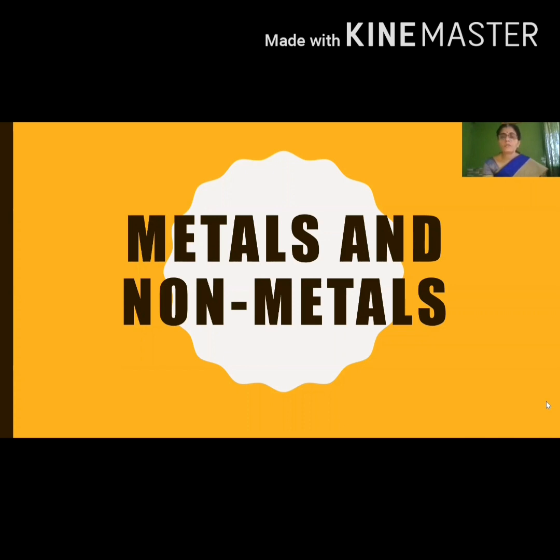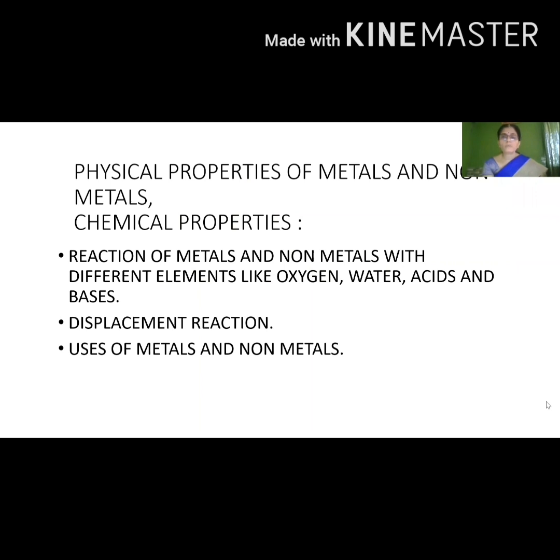And in this chapter, first we have learnt about physical properties of metals and non-metals, such as luster, hardness, malleability, ductility, conductivity of heat and electricity, sonority, density, etc., by which metals and non-metals can be easily distinguished.